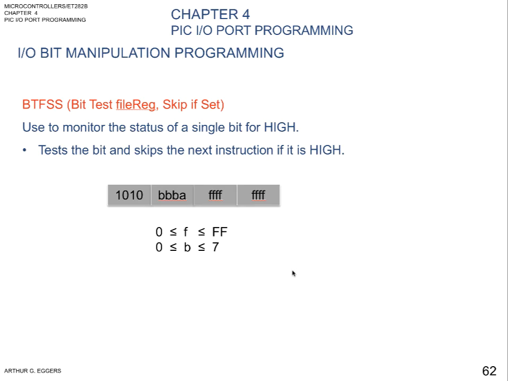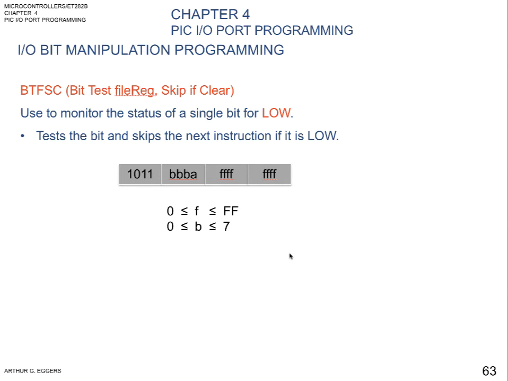Okay, so we can see here the layout. Use it to monitor the status of a single bit for a high in this case. The clear, doing the same thing, but now if there's a clear there, we use it to monitor the status of a single bit for a low indication.